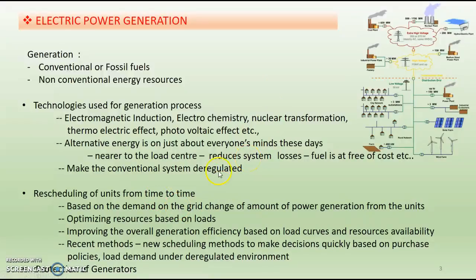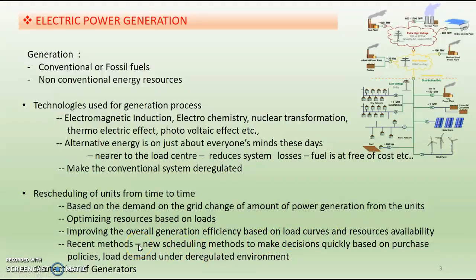At the system level, rescheduling of units is done from time to time. This is based on demand on the grid, changing the amount of power generation from the units, and optimizing resources based on loads, improving the overall generation efficiency based on load curves and resource availability.